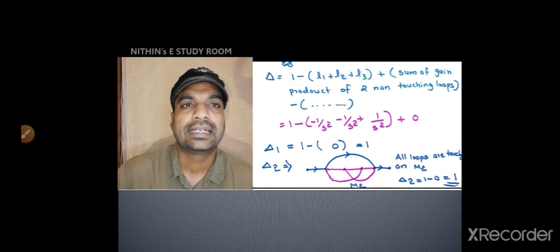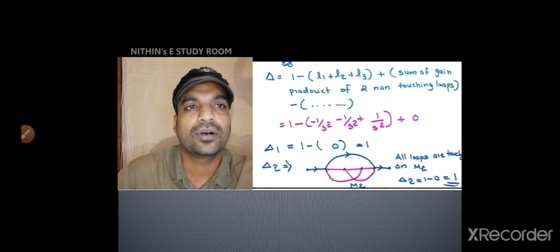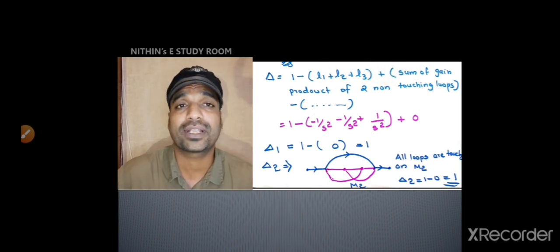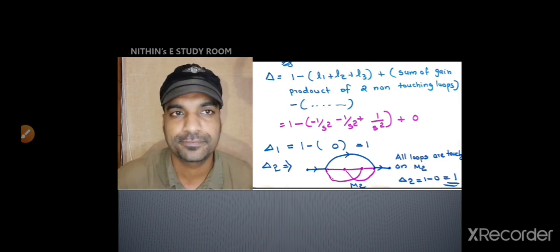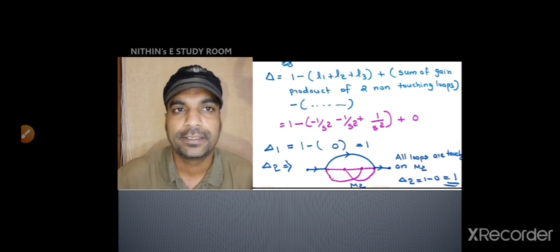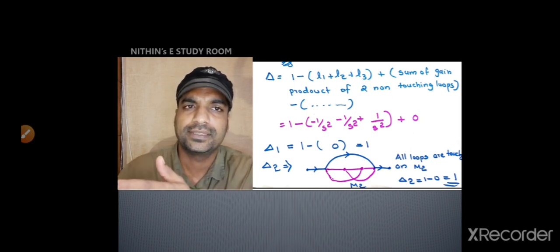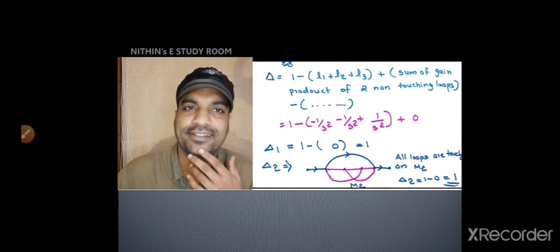So the first term 1 will exist and the second term L1 plus L2 plus L3 will exist. All the other terms will be 0 because no non-touching case appears for these loops. You can please go to the first slide and verify, or you can rewind this video and verify that.